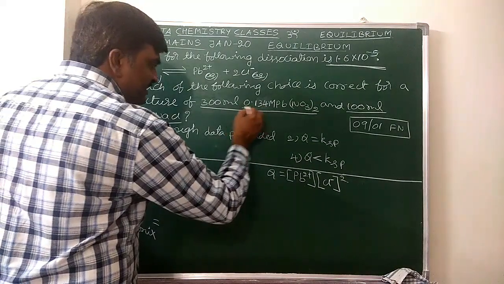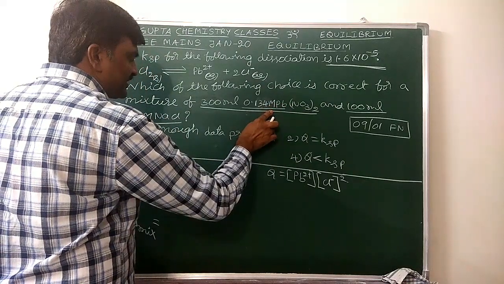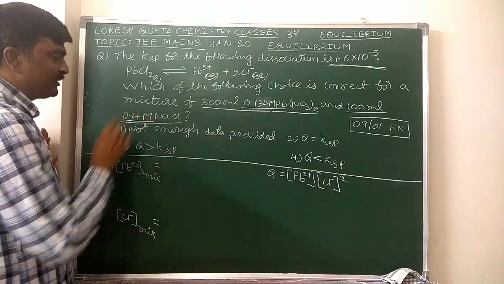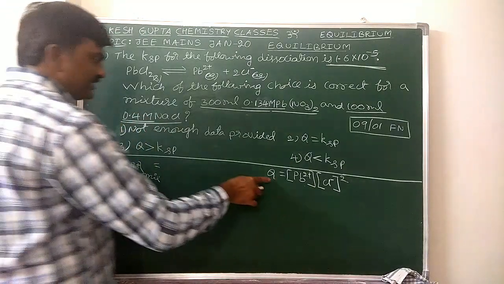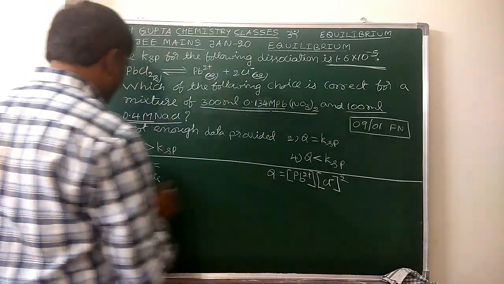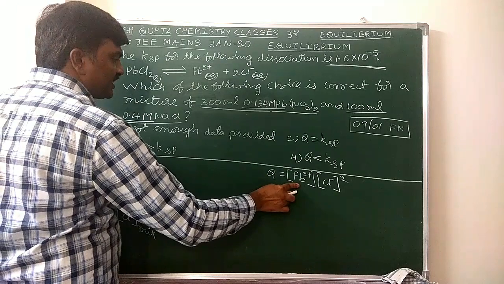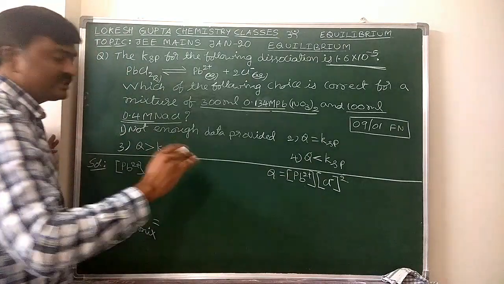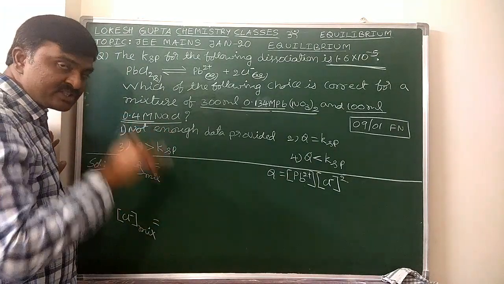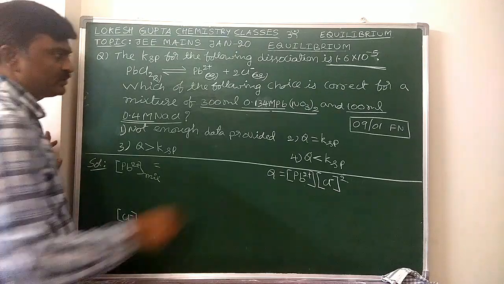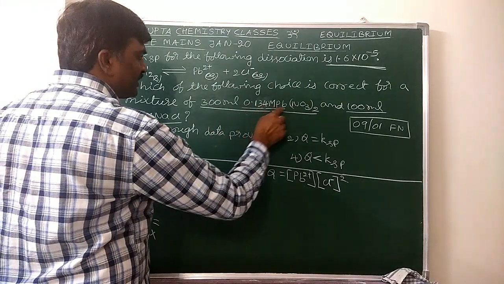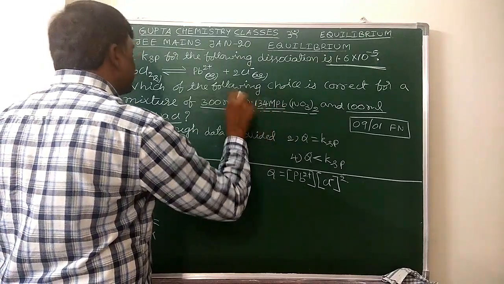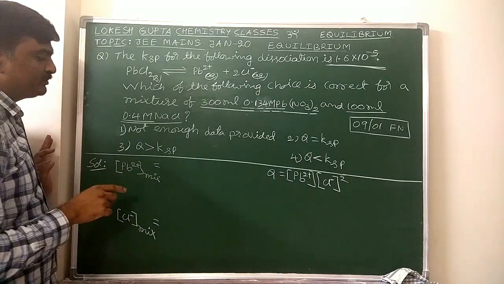Now see, it is the molar concentration of Pb2+ before mixing, and the molar concentration of Cl- before the mixing. To calculate Q, this is equal to the molar concentration of Pb2+ in the mixture into the molar concentration of Cl- in the mixture squared. So in the mixture, we want the molar concentrations of these two. It is 0.134 molar lead nitrate, so the Pb2+ concentration is also the same, but it is the concentration before the mixing.